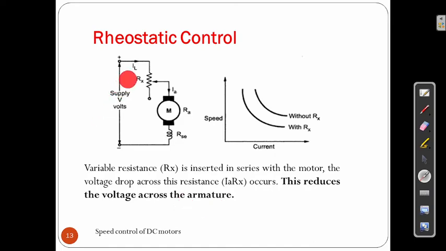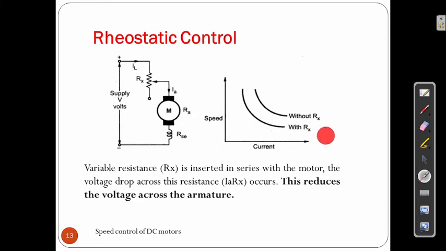If we give the supply, the line current IL will come over here and pass through RX. Then there is a voltage drop according to the resistance which we have given. From that, the voltage across the armature also takes place, and with that armature voltage, the motor runs. In the graph for speed and current, the speed decreases with increasing current.